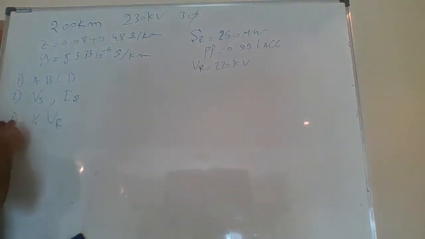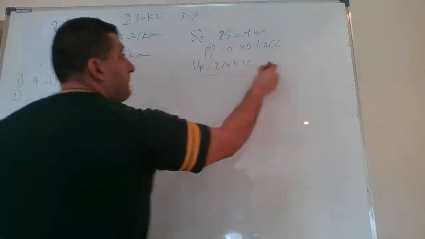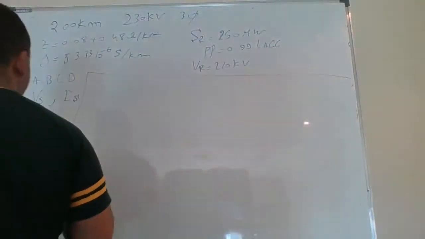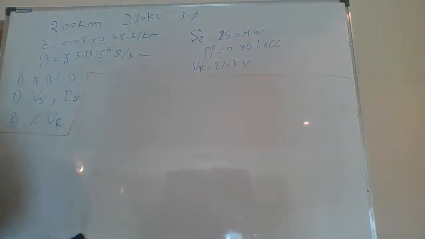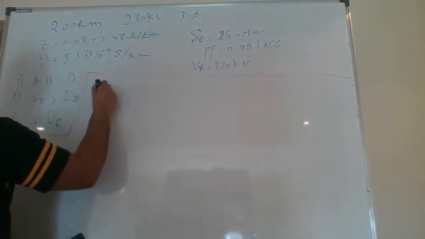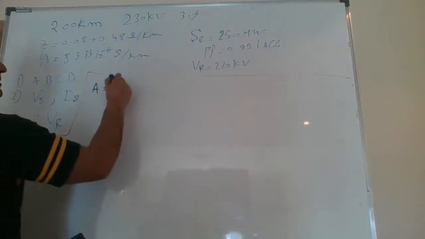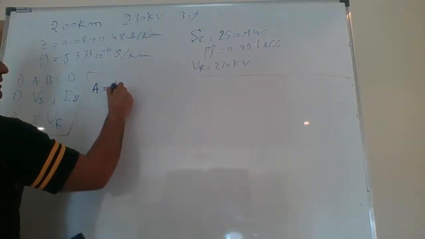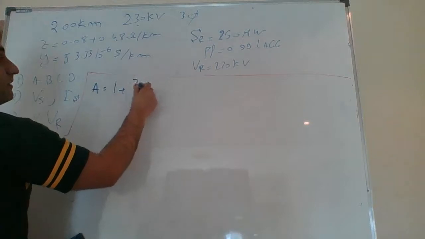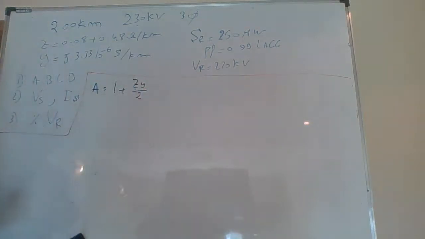Question number 1. What's A? A is 1 plus ZY over 2.